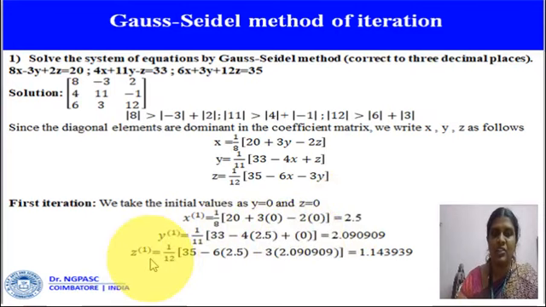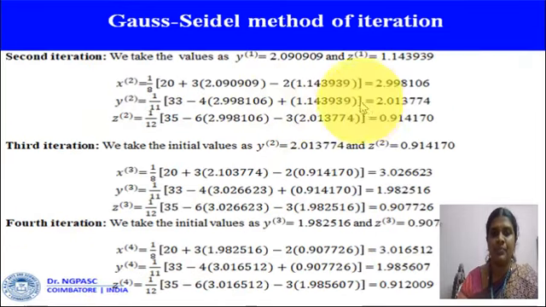And in the z equation, you have to substitute the x and y values which you have got in the first iteration itself. So we have got here the x value as 2.5, y value as 2.09, and z value as 1.143939.